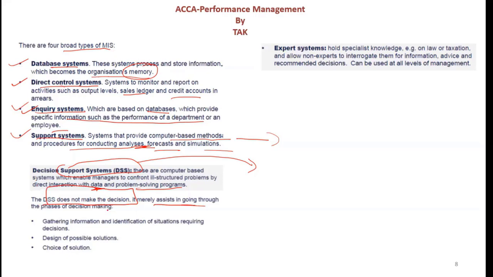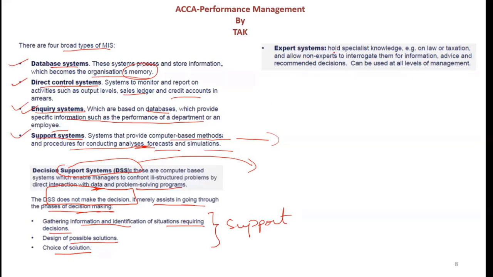It merely goes through the phases of decision making. As a manager, I want the geographical sales and the portfolio that was used, and the system just provides that data in a precise form. So: gathering information, identification of situations requiring a decision, design of possible solutions, choice of solution. It can support your decision but will not give you a conclusive decision.